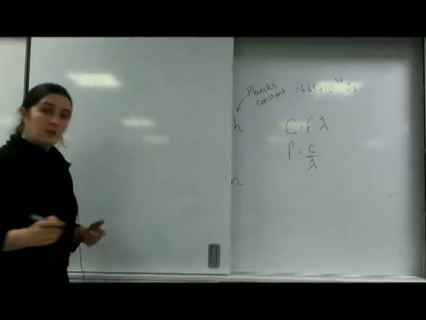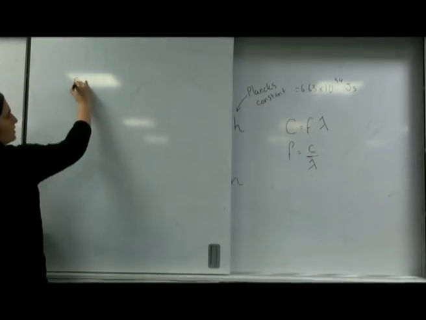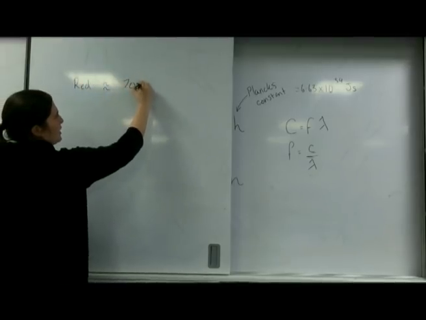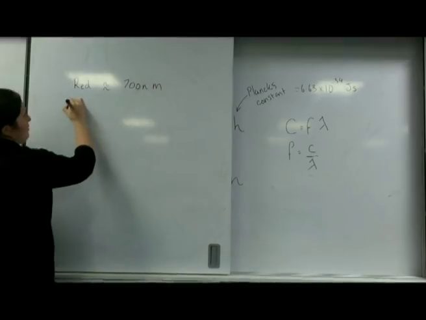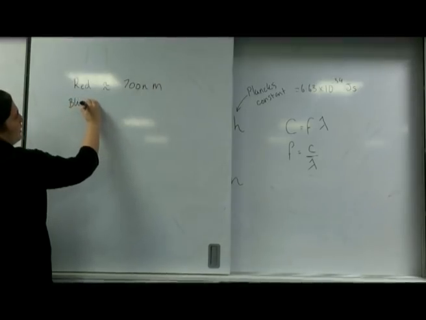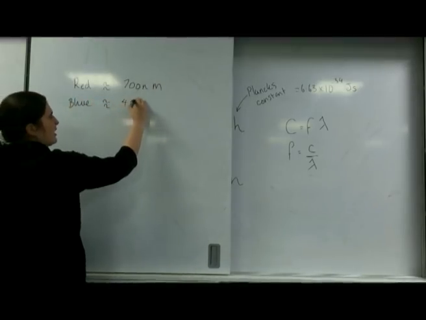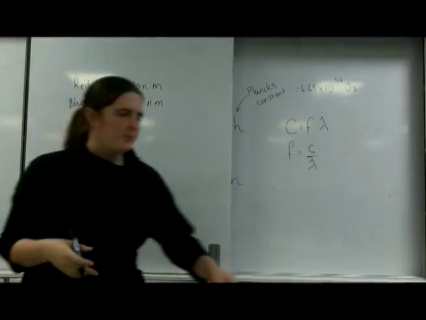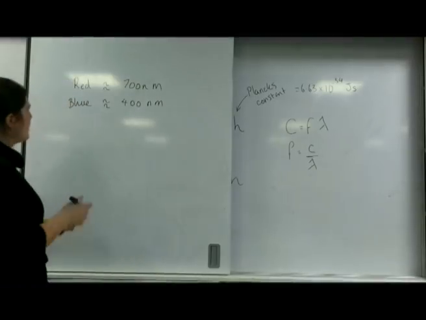let's look at light. So red is approximately 700 nanometers and blue is approximately 400 nanometers. I may be slightly off, but they're the best ones I can do here.